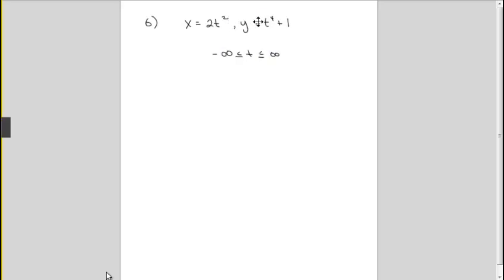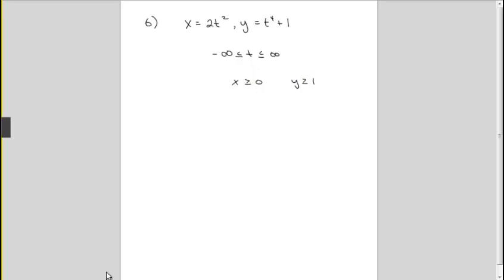But you do notice that x and y must be greater than or equal to 0. Actually, y is going to be greater than or equal to 1. Let's say x, because any time you have a negative number here, you're still going to get a positive x. So x is greater than or equal to 0, and y is greater than or equal to 1.